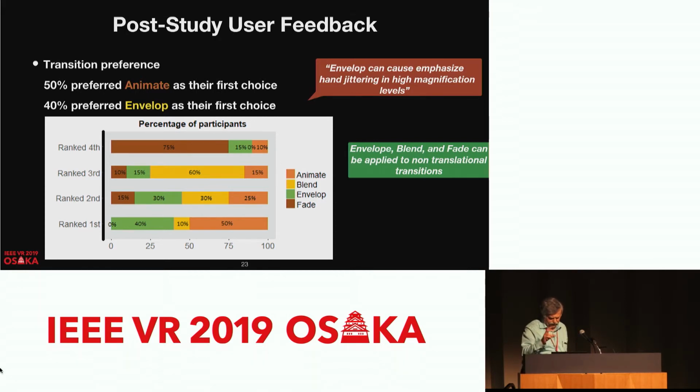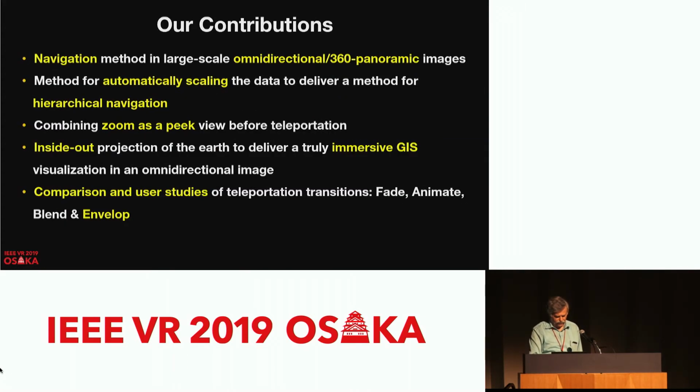And you can see in these comments, envelope can cause emphasis and jittering, and envelope, blend and fade can be applied to non-translational transitions. So there are some comments. I believe that this is relatively new and may need a little bit more practice by the user. But in any event, these are the results that we want to report.